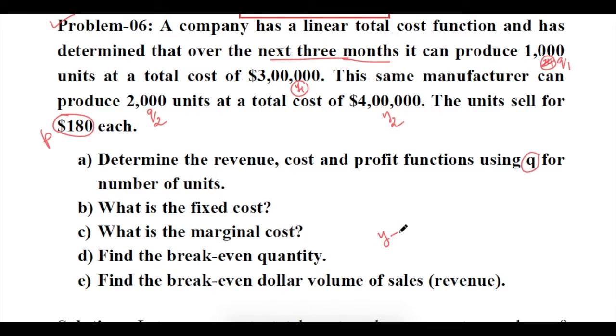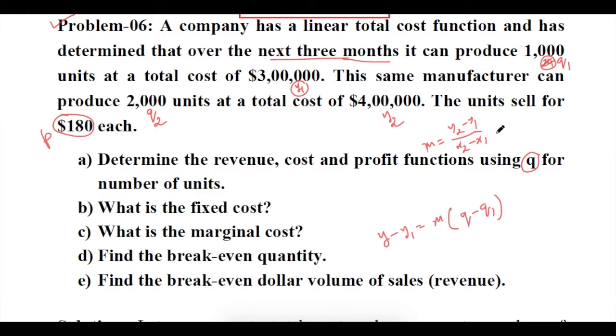We know y minus y1 is equal to m into q minus q1. So in order to calculate the cost equation, you first need to calculate m. So m equal to what? y2 minus y1 divided by x2 minus x1.